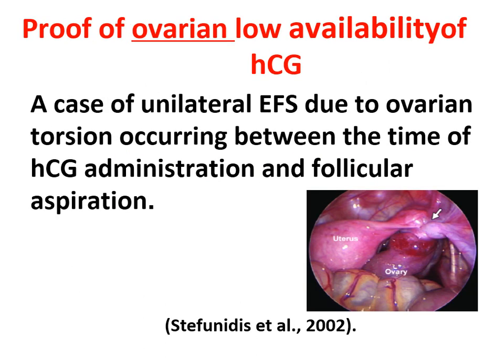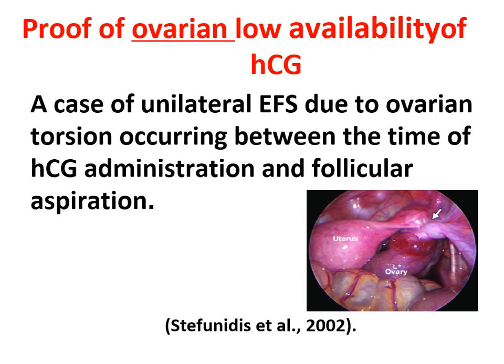It is the problem in the same patient. And another proof is a case report of a case with unilateral empty follicle syndrome due to ovarian torsion occurring between the time of HCG administration and follicular aspiration. So a case that had ovarian torsion due to ovarian cyst or superovulation, the ovary rotated on itself, and at that time there was HCG administration, and aspiration of this ovary revealed no follicle.